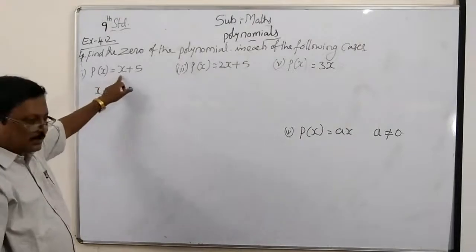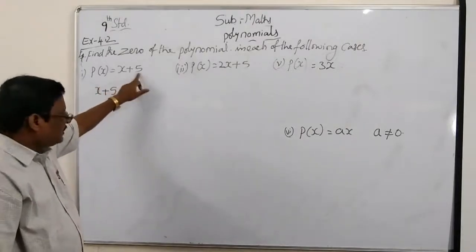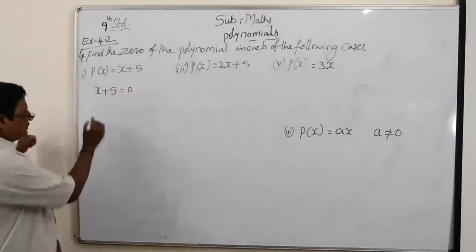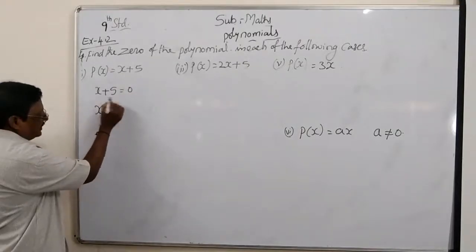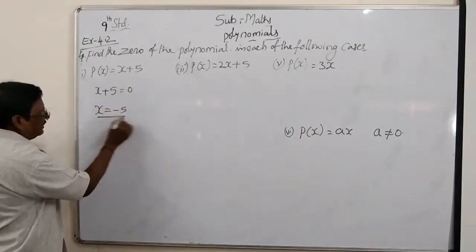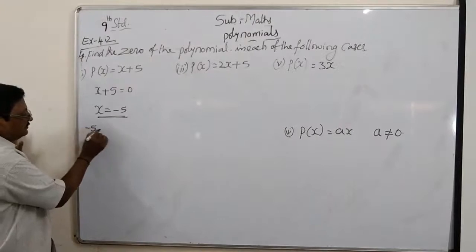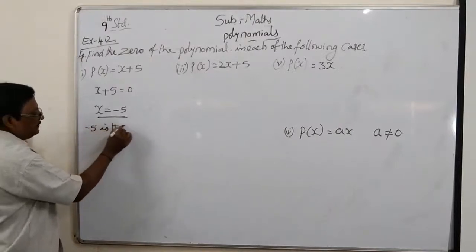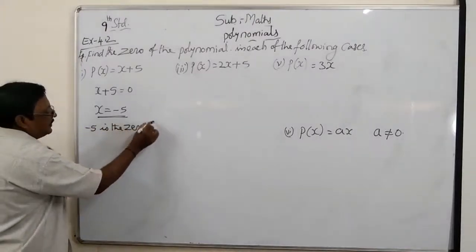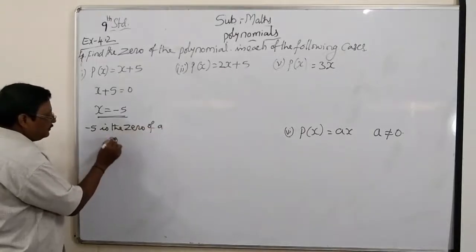Here x plus 5 equal to 0, so x is equal to minus 5. Minus 5 is the zero of the polynomial.